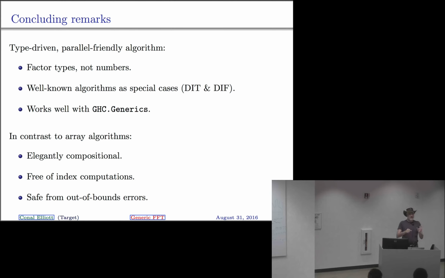It's not like, this region of this array has these invariants or something like that. That's all in my head. I want the type structure to contain the logical structure of the algorithm. Not only contain it, but contain it so that the type checker can tell me when I'm confused. So, in contrast to array algorithms, this style of algorithm is elegantly compositional. That's very important to me.